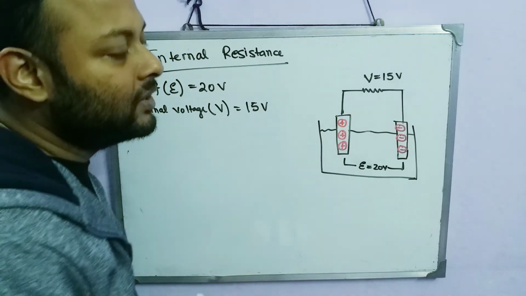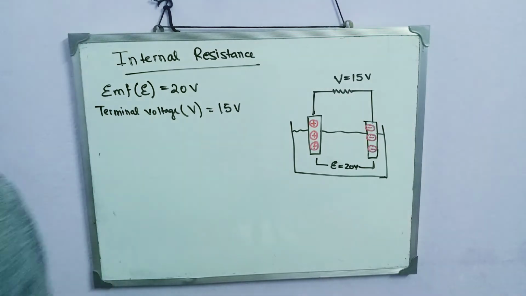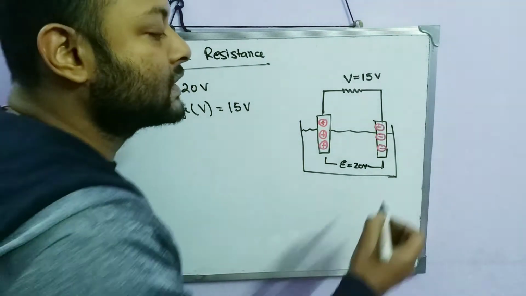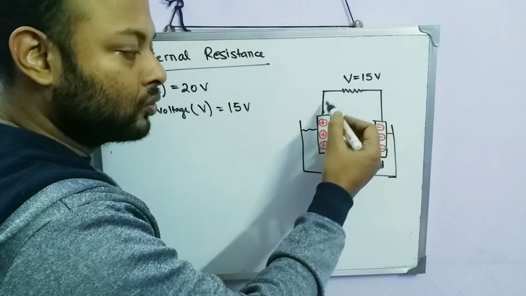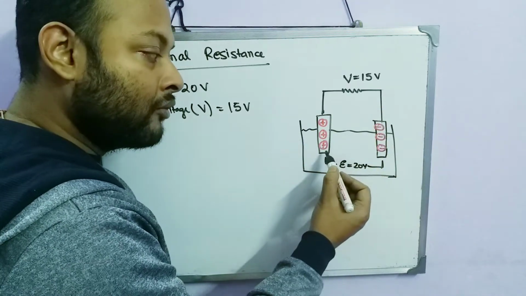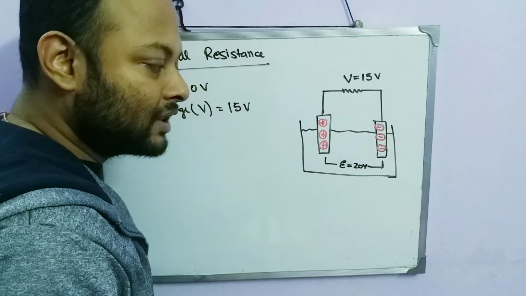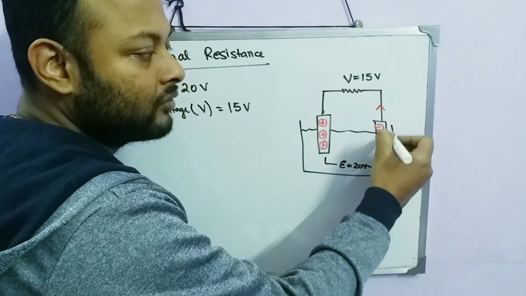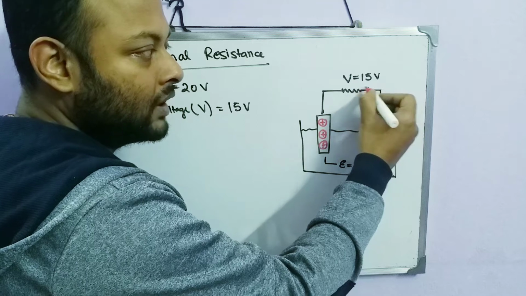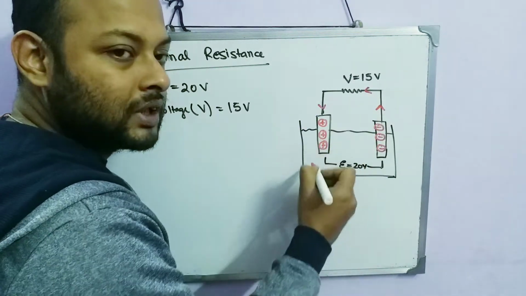Think, the electron is traveling from the negative terminal through the resistor to the positive terminal. After that, what happens?